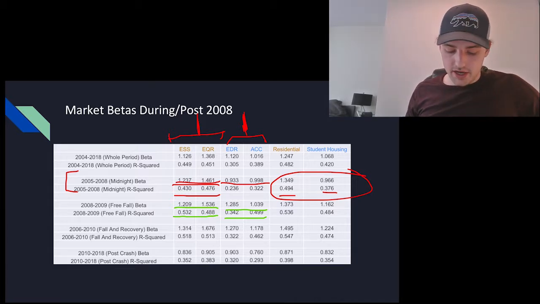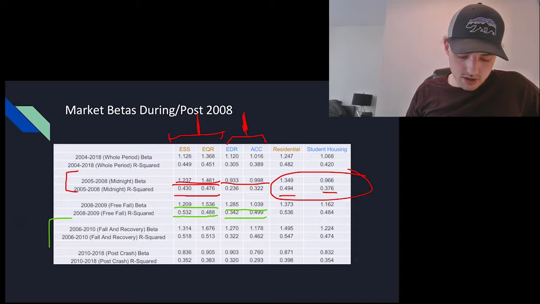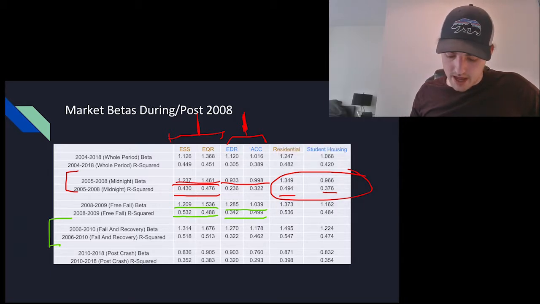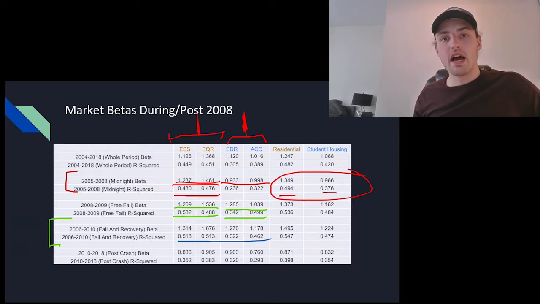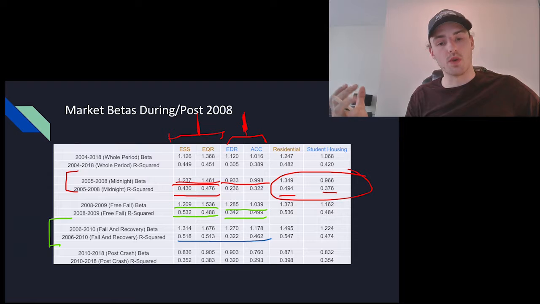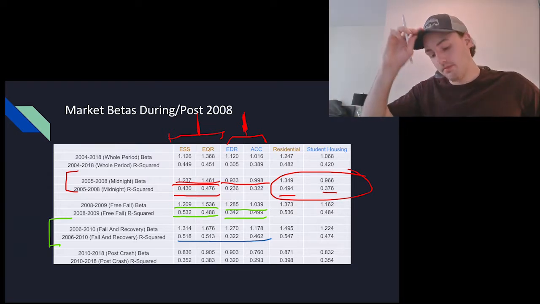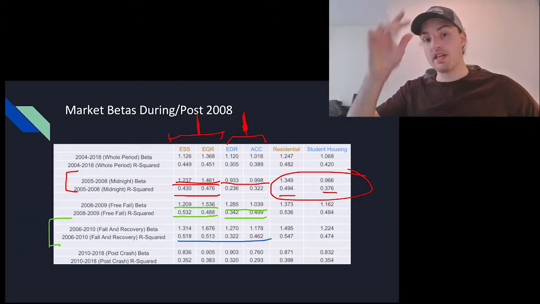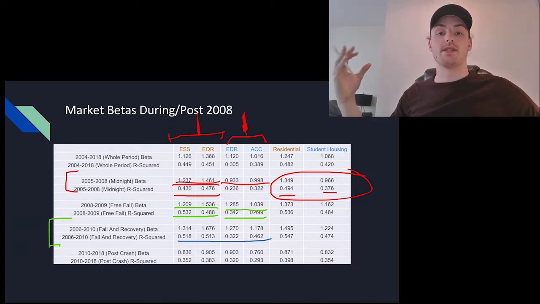Then we can look at the entire fall and recovery period right here, and I'll change my color again. And once again, we can see that R-squared values are still significant, suggesting that even during the recovery period, asset repricing was going on as things sorted themselves out, suggesting that even during the recovery period, real estate also recovered with the market itself.